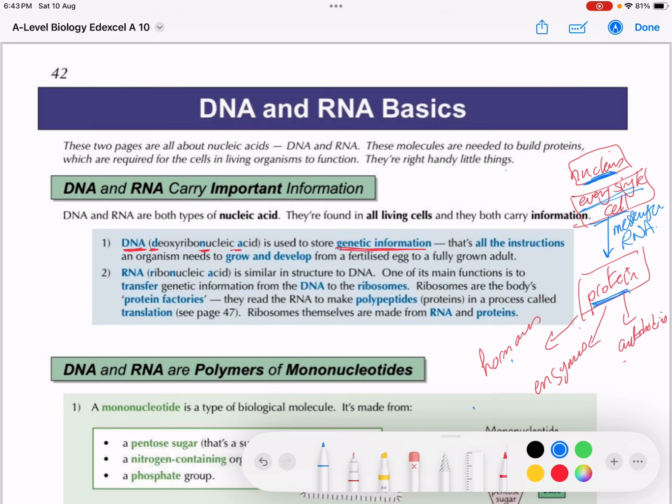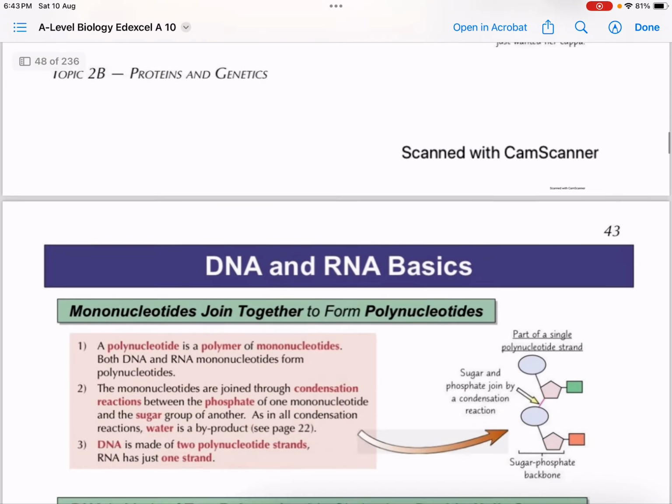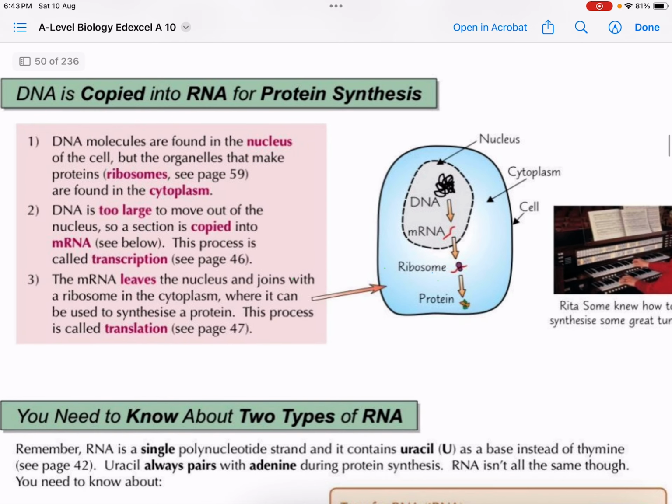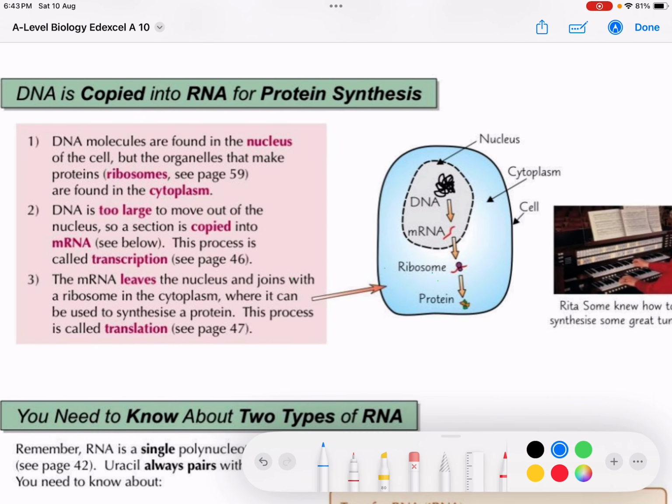Let me show you another diagram that would make it much more clear. So look at this. That's the DNA here, safe and sound inside the nucleus. This DNA has the instructions, the code for all the proteins you require to live. Proteins are made and synthesized on the ribosomes. So this is the place where proteins are made.